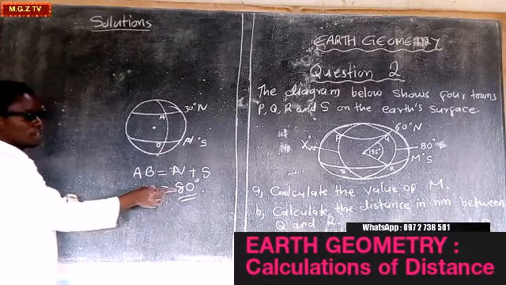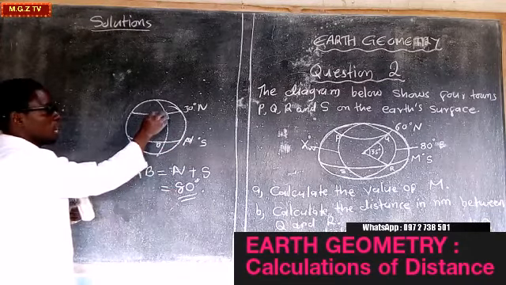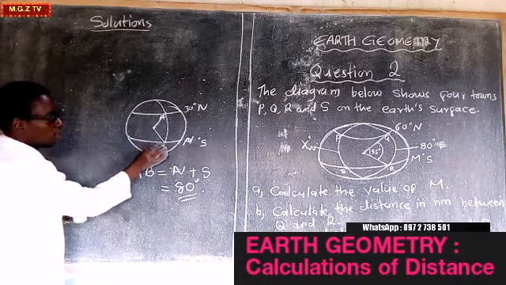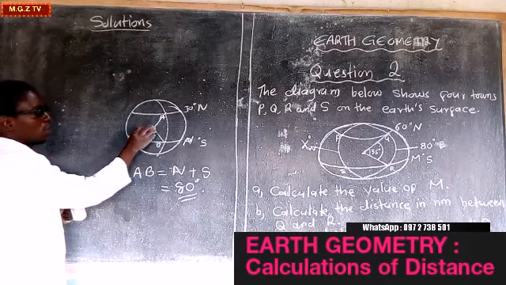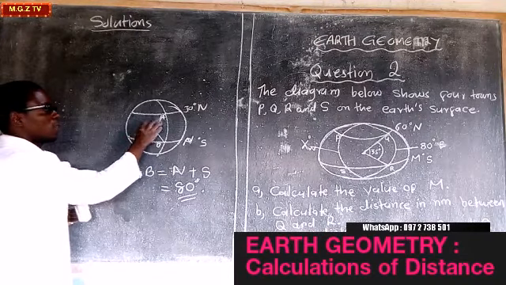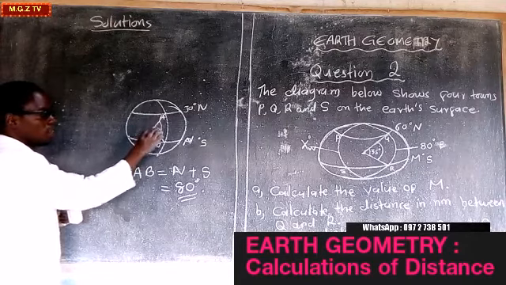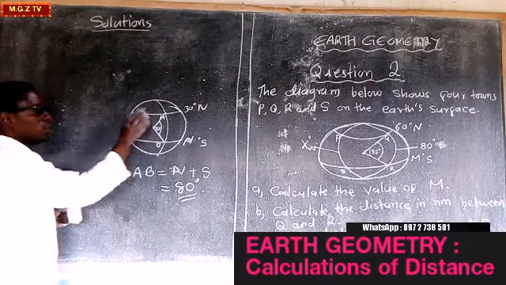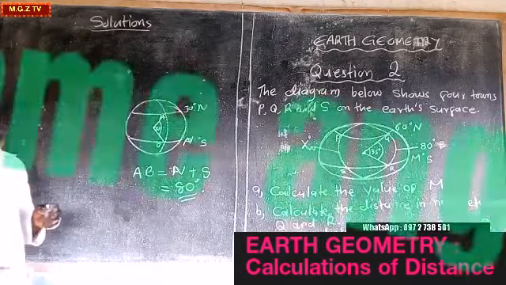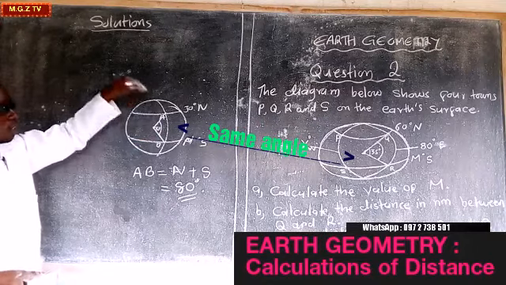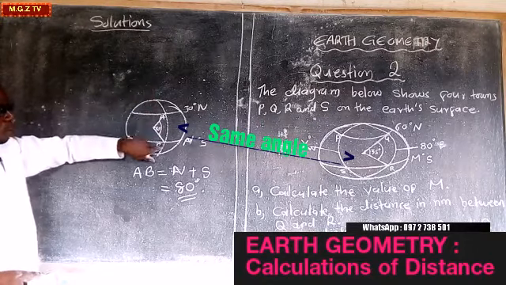Then this number, 30 degrees, can be put here. Just draw this line and this line. This line from the center goes to A, this one goes to B, and here we have what we call 30 degrees.